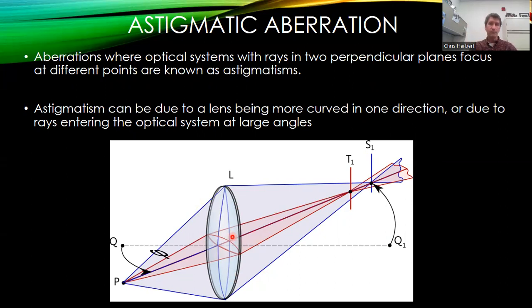And obviously, this creates some of the same problems that we had with spherical aberration. You'll never be able to focus the light completely.